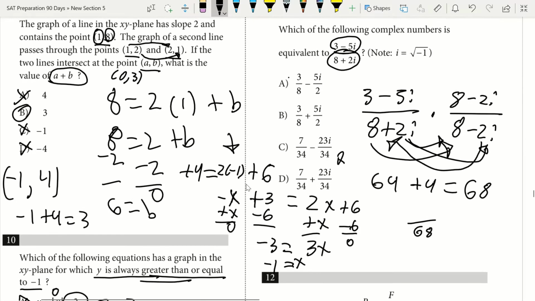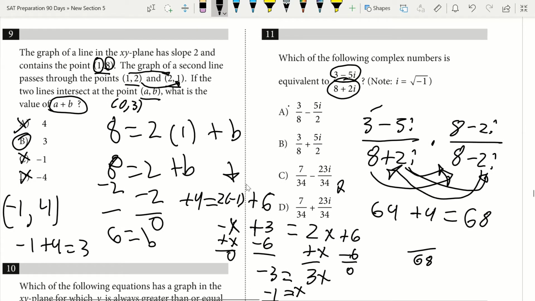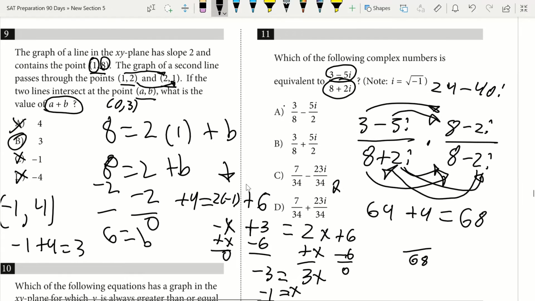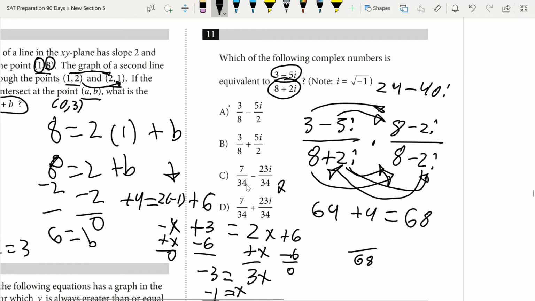All right, so now I go up top and do my multiplication here. I have 3 times 8, that gives me 24. Then I have a minus 5i times 8, that gives me minus 40i. Then I have a minus 5i times minus 2i. That's going to give me a positive 10i squared.